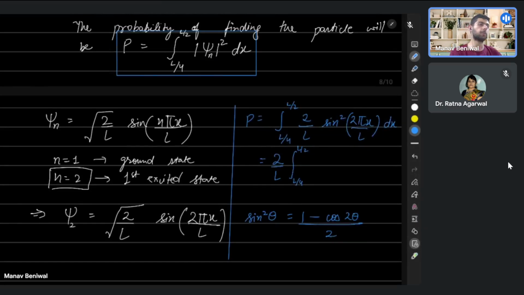This is a trigonometric identity which we will be using. So this will become half of 1 minus cosine 2 theta, so then this will become 4 pi x by L and dx.